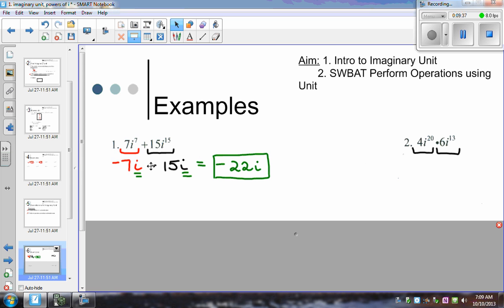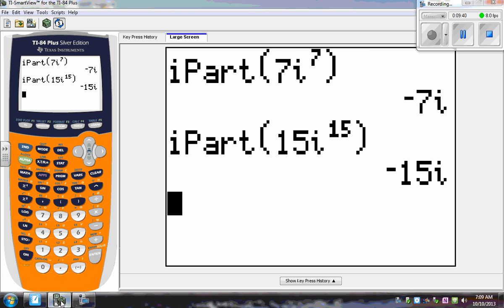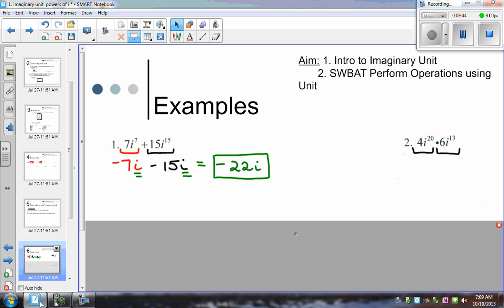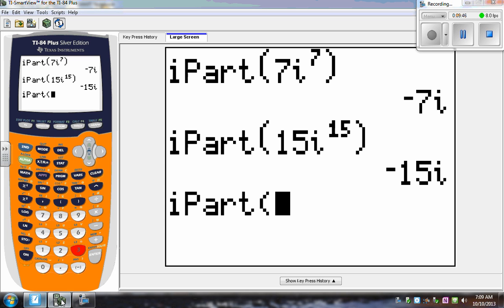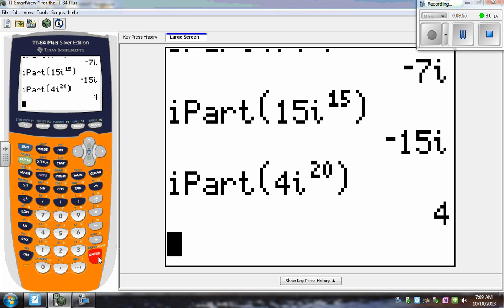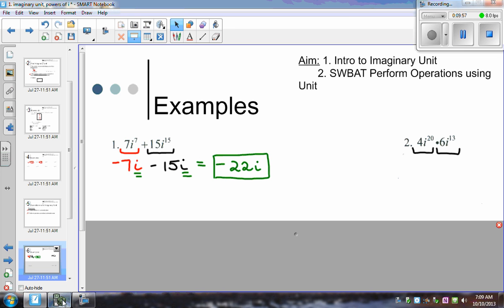To quickly see that one, I'll show you both parts. iPart one more time, and in this case we're going to do 4i to the 20th, which becomes the value of 4. That one worked out to be a very nice integer value, and we're going to multiply that by whatever 6i to the 13th simplifies to.